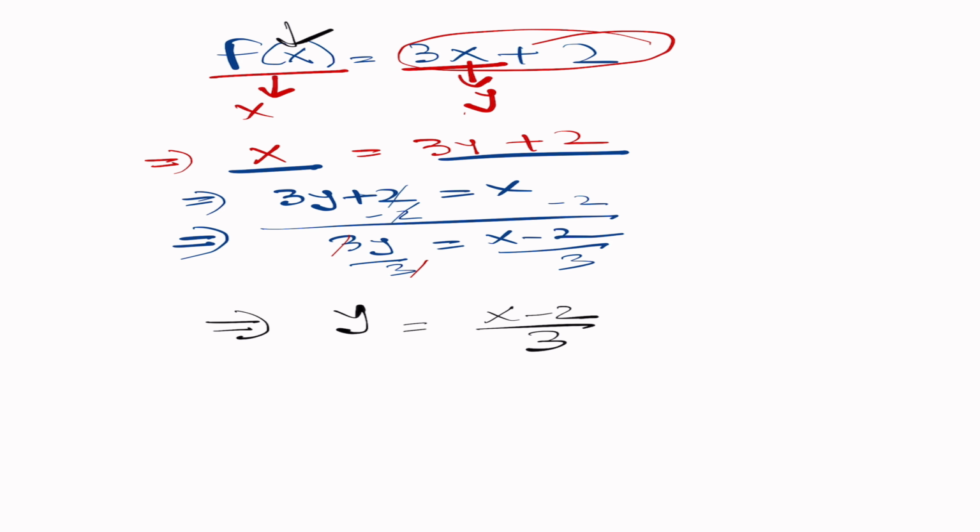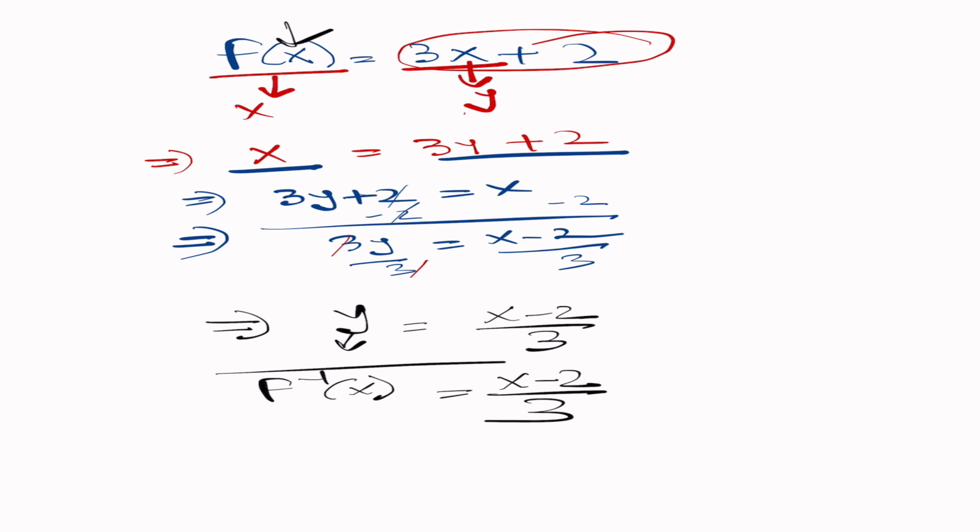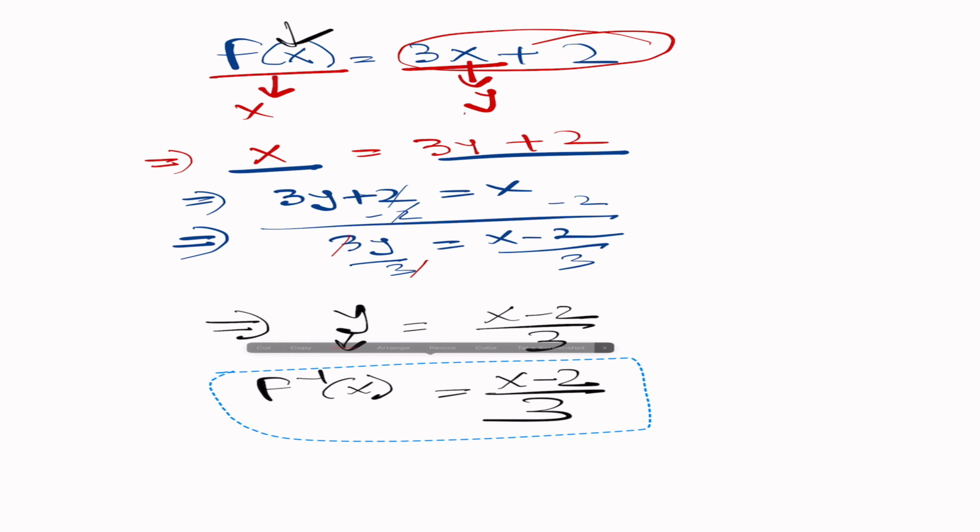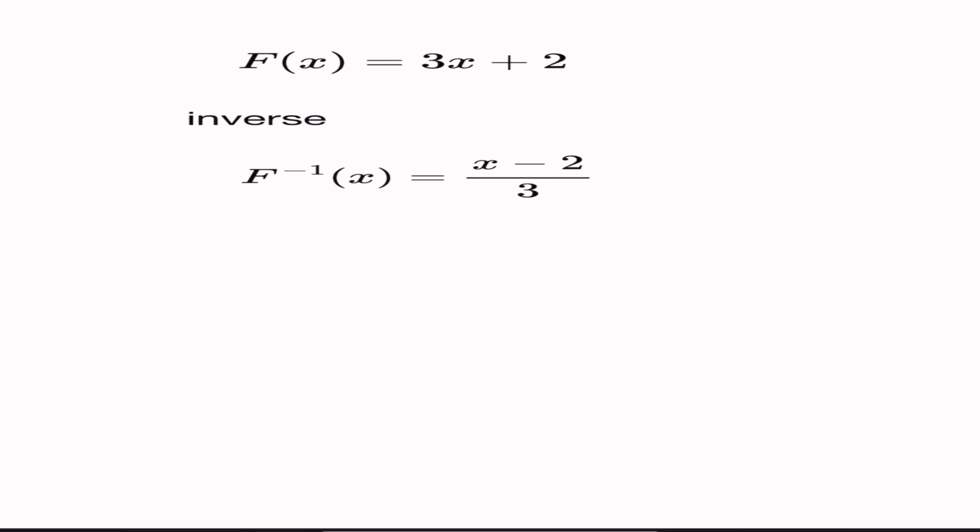That means this is our inverse function. We write it as f inverse of x equals x minus 2 divided by 3. So this will be our answer.